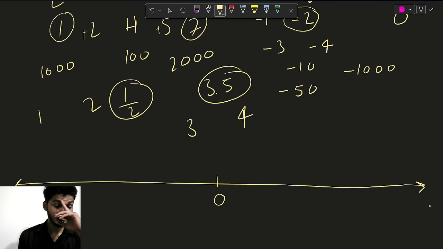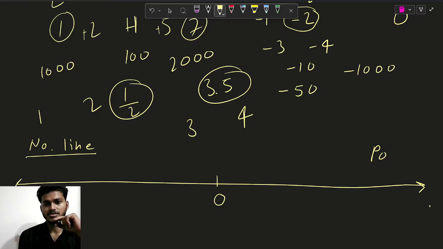Now you see, this is the number line. In the middle of the number line there is an integer which is 0, and on the right side of the number line all positive integers are there.